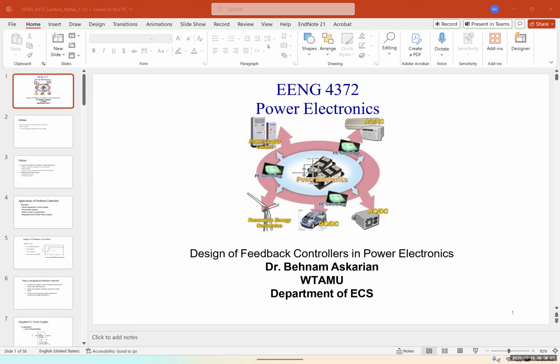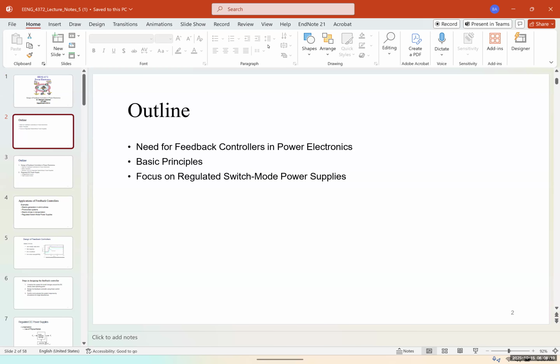Now, today we're going to discuss the design of feedback controllers in power electronics and the importance of the controllers in a converter. So in this chapter, we would discuss the need for feedback controllers in power electronics, the basic principles, and we will be focused on the regulated switch mode power supplies.